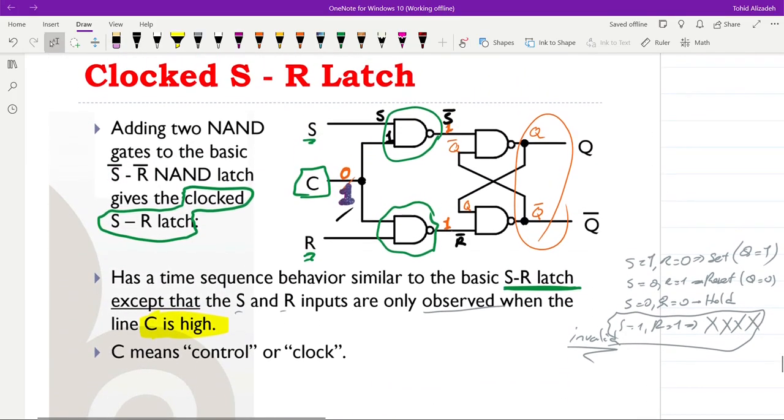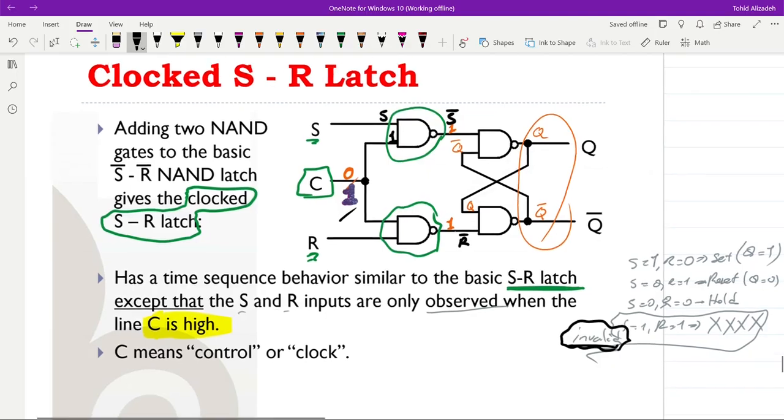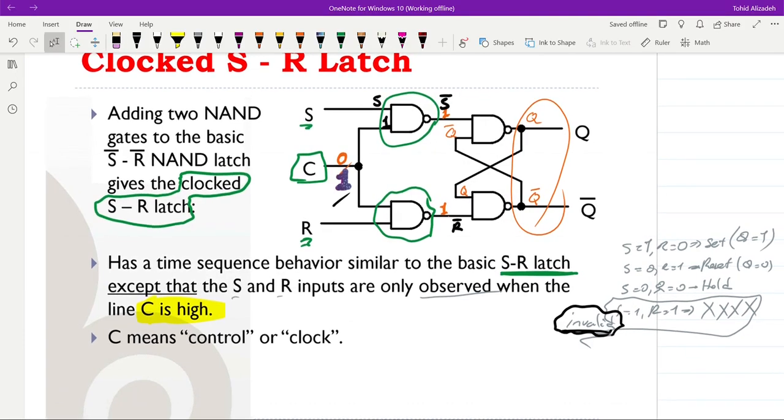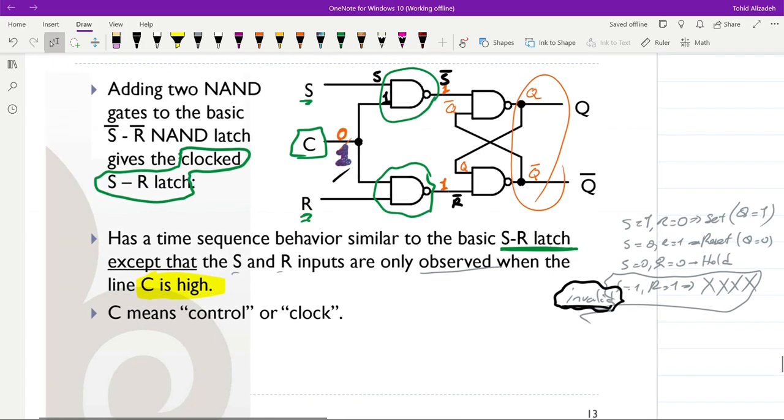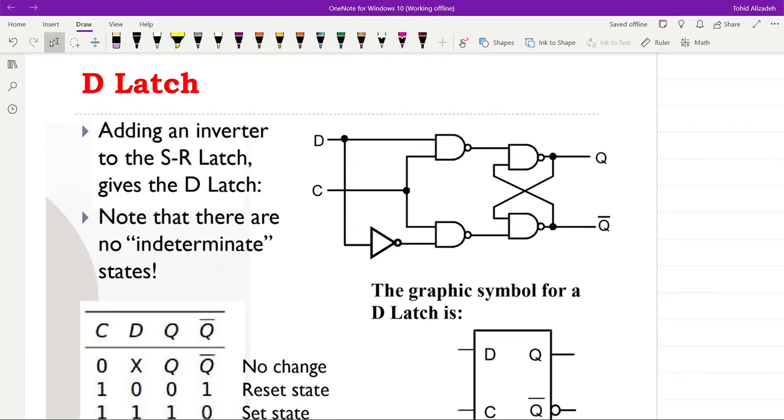Now, as I already mentioned, here we have an invalid combination of the values for the inputs that we need to avoid. But if you want to avoid it systematically, we can make a connection between S and R by placing an inverter in between them. But in that case, we will have a latch which is not called an SR latch anymore, but this time it will be called the D latch.